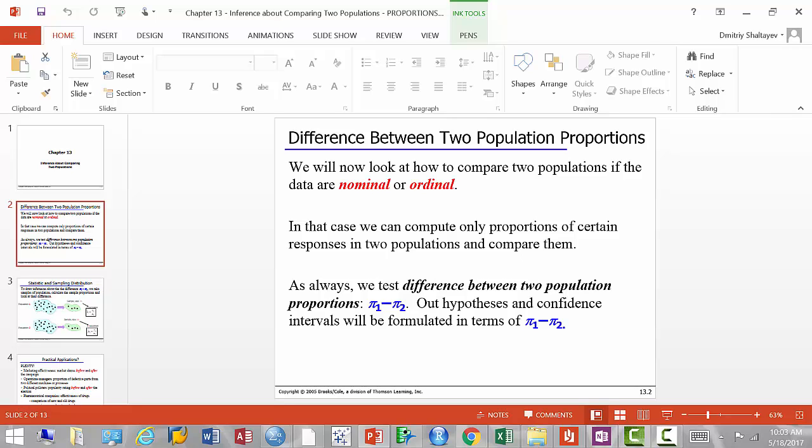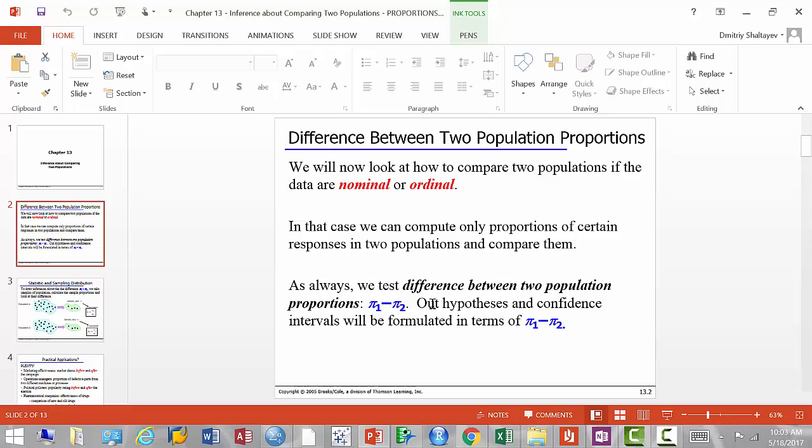Just like for the continuous numerical data, we're not going to test proportion in the population 1 versus proportion in the population 2 separately. We're going to test the difference between pi 1 minus pi 2, where pi, we discussed that, right? Greek letters are used in statistics to denote the population. Mu is population mean, pi is population proportion, okay?